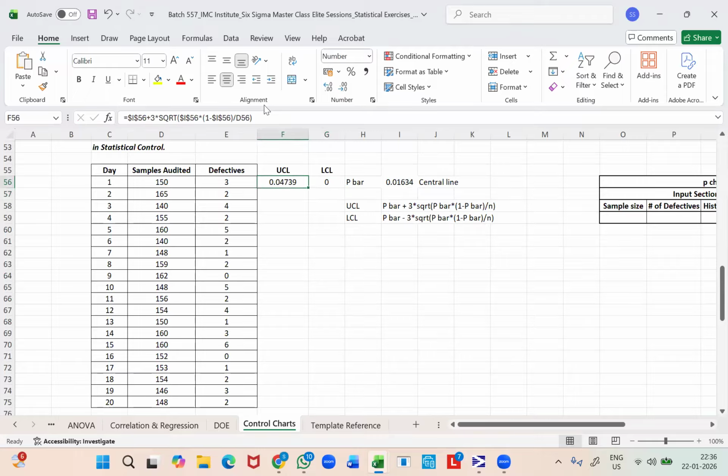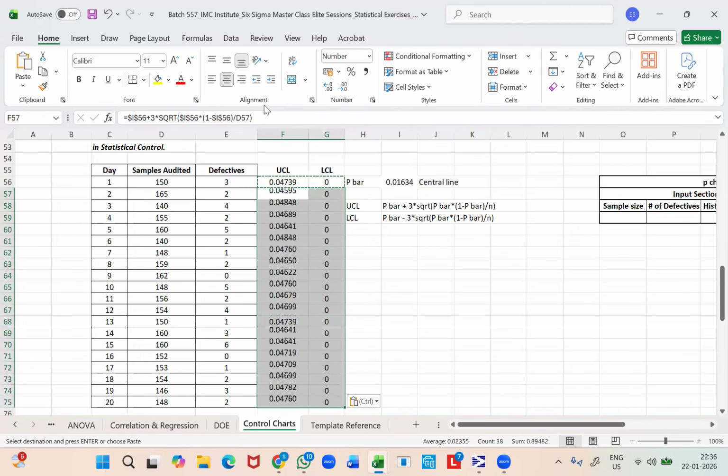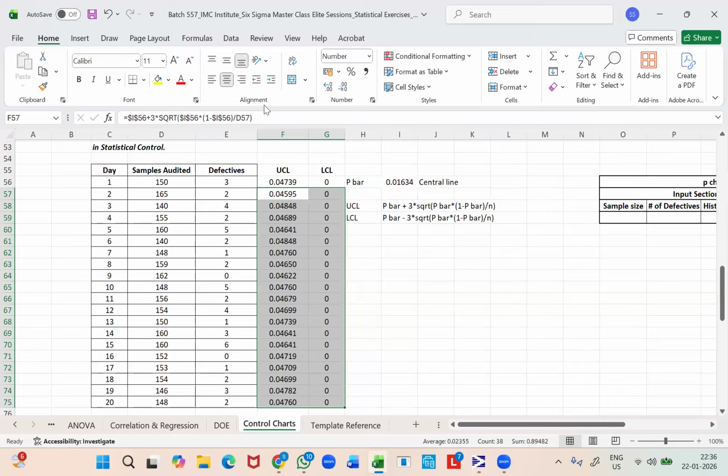Now I can just copy paste both these formulas for the other days. We find the LCL value to be 0 for all the days, which means we would have got a negative value for LCL for all the 20 days. That is why it has updated 0 as the LCL value.